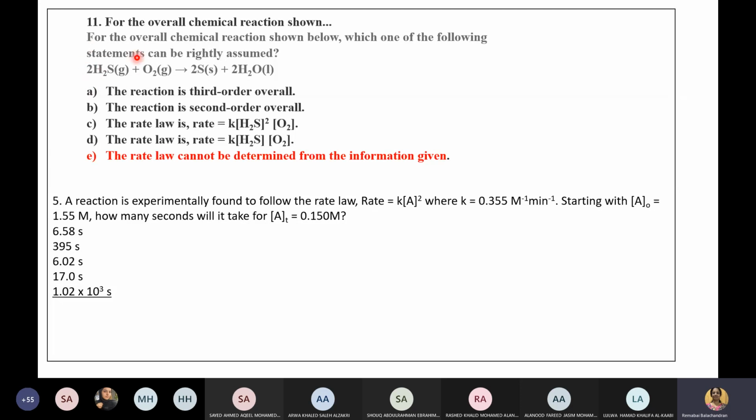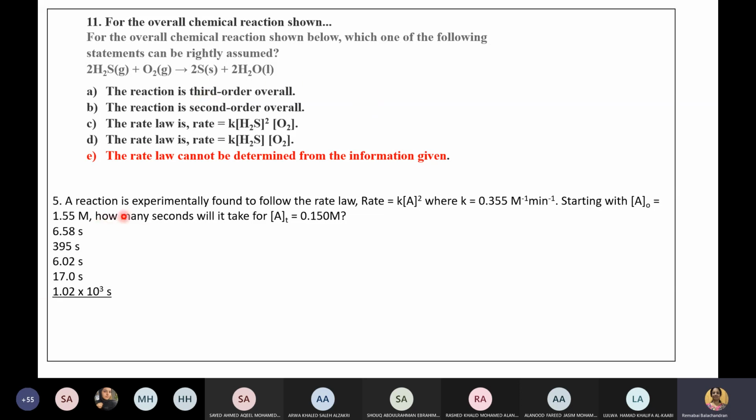The coefficient need not be equal to the power. You cannot write the power like this. You have to do the experiment. The order of the reaction is experimental. You have to do the experiment and find the answer. Otherwise, you can't get it.